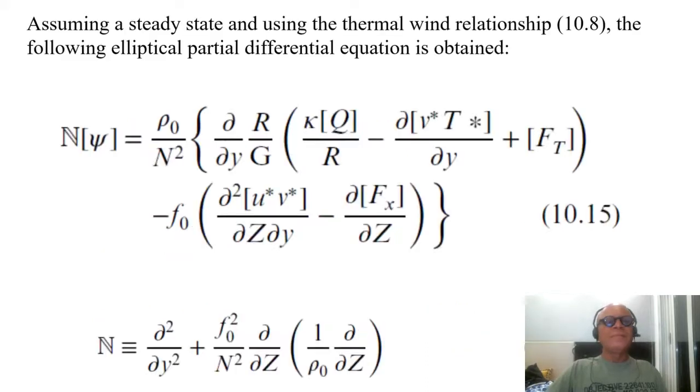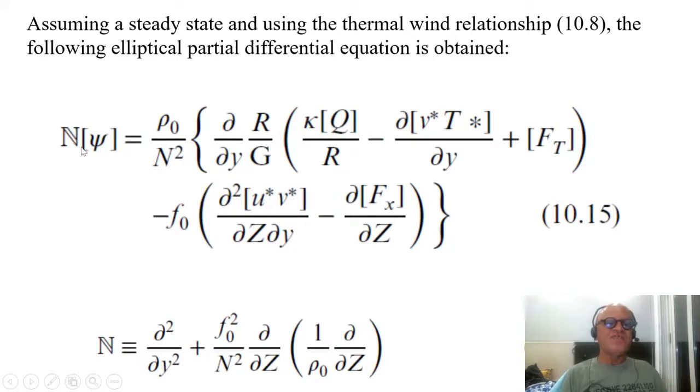Okay, assuming again a steady state and using the thermal wind relation we had before, we can derive this elliptic equation, which basically has a del y squared plus del z squared form.